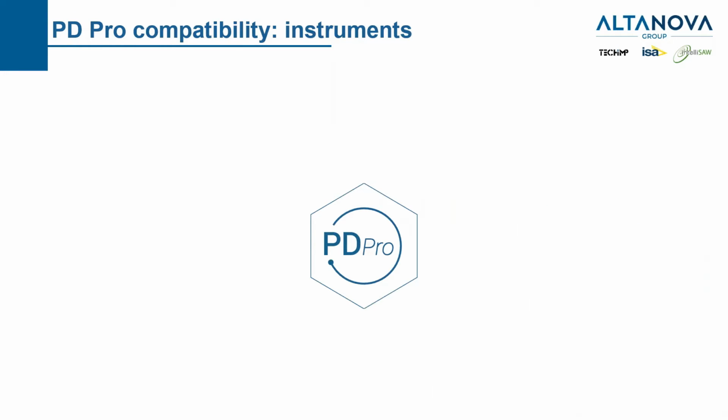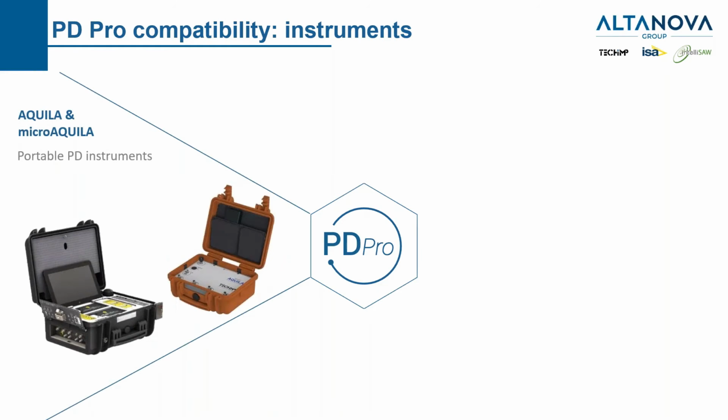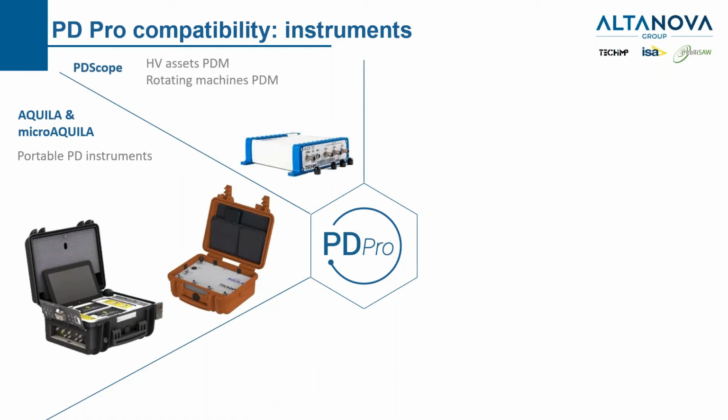The PDPro is the new software from Techimp that is able to be used with all the past and current testing instruments from Techimp. So we can use it with Aquila and Micro Aquila, the portable PD instruments. We can use it with the PD scope. Those are the key acquisition units of high voltage asset PD monitoring as well as rotating machine PD monitoring.